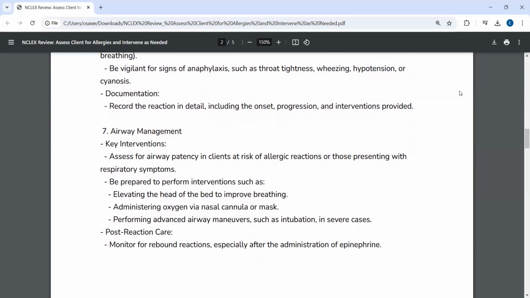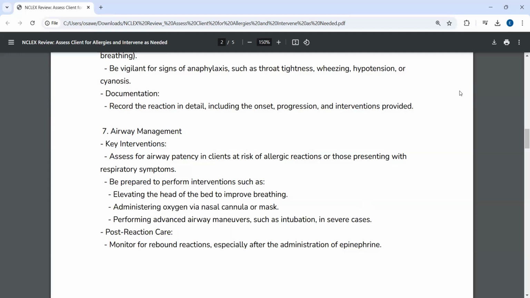Airway management is vital for the NCLEX exam. Some people don't know how to manage airway. To manage airway, we start by elevating the head of the bed. After elevation of the head of the bed, we give oxygen. Oxygen might not be in your answer choices, it might be a bronchodilator, but you must elevate the head of the bed first before you give a bronchodilator or oxygen. Very important.